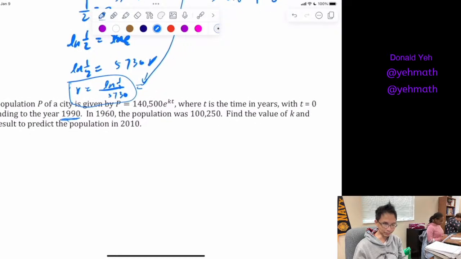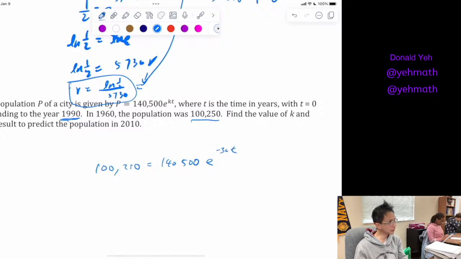So at that time, that value is equal to 140,500 e to the... what? Negative 30 times t. How do you find out what t is? Well, you're going to do 100,250 divided by 140,500 equal to e to the negative 30t.